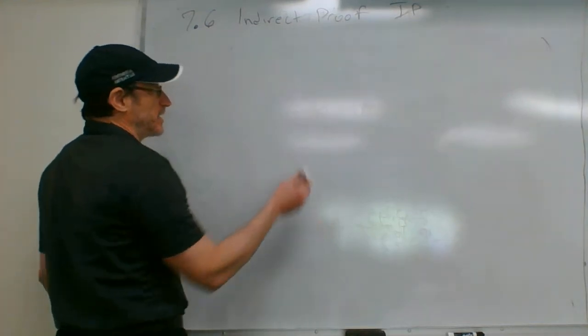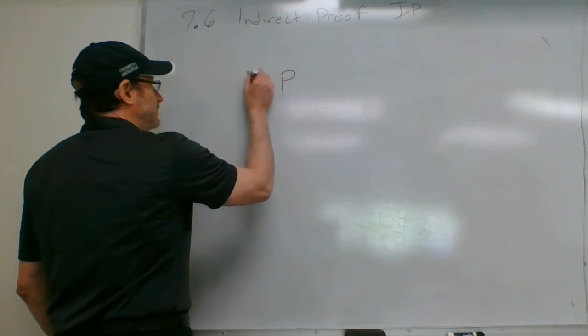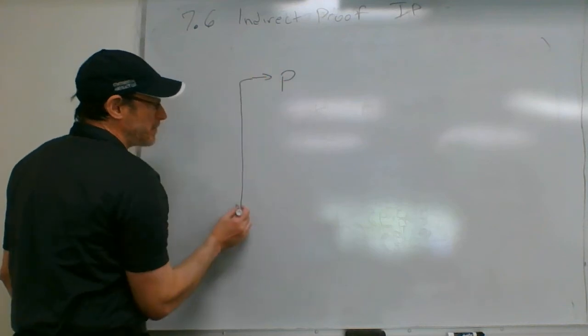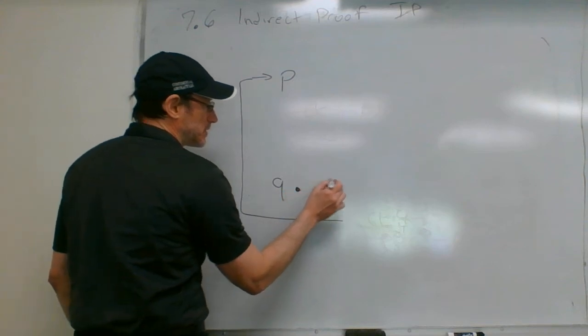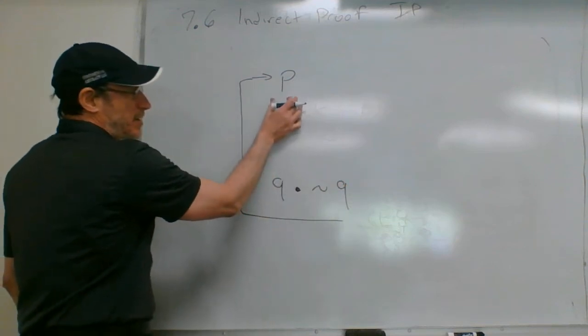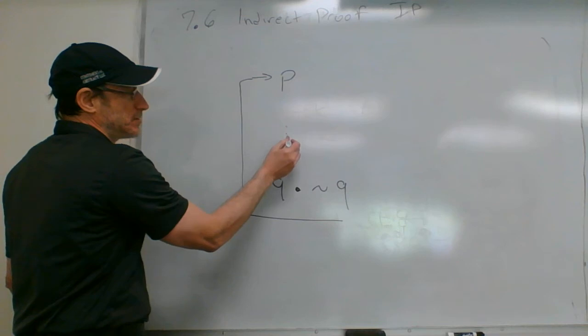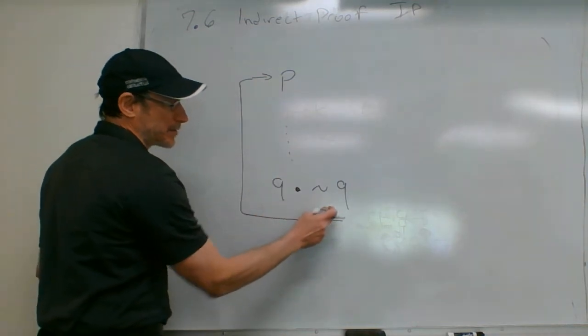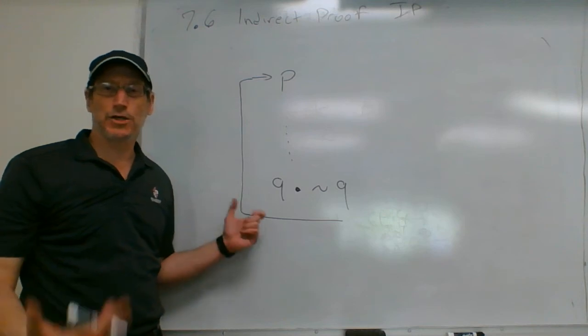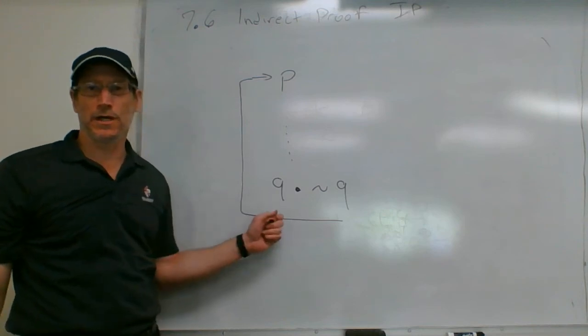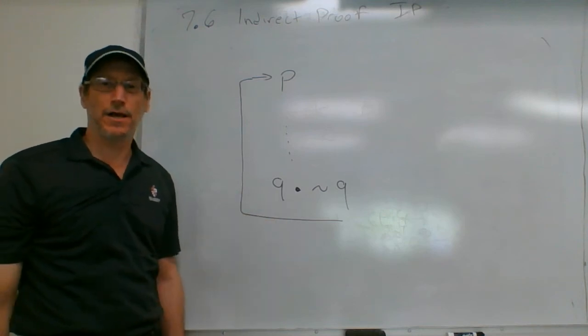Let's suppose that if I assume P, I could somehow show that it leads to a contradiction. Somehow P leads to Q and not Q. Okay, Q and not Q is a contradiction. We know that Q and not Q is something that cannot be true.